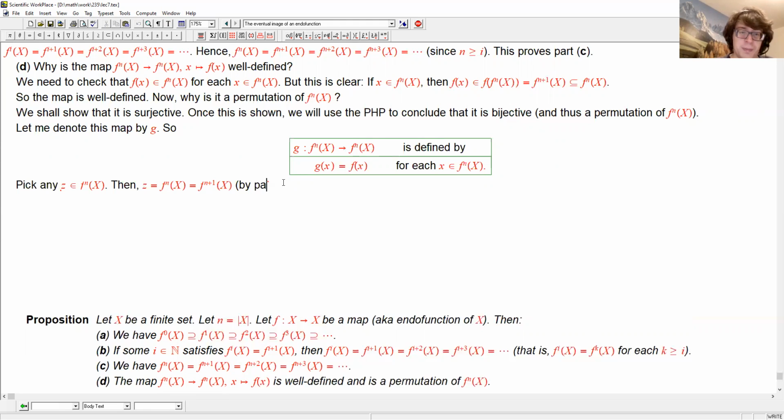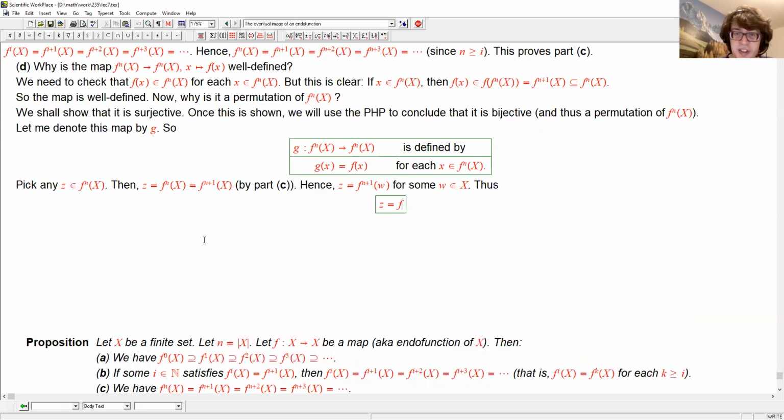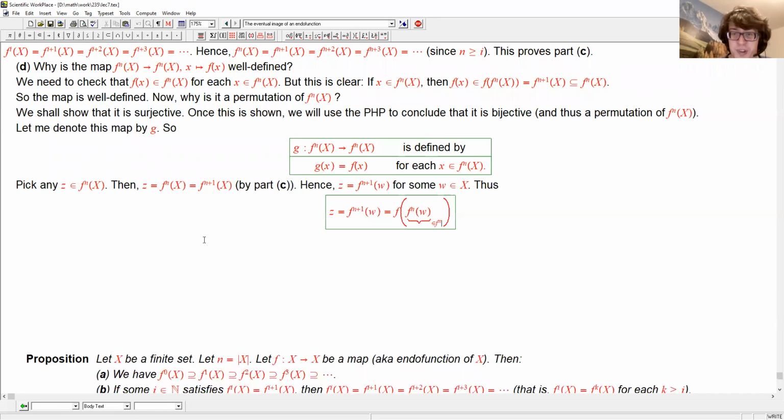So by part C, z equals f^(n+1)(w) for some w in X. And thus z, which is f^(n+1)(w), is f(f^n(w)), but f^n(w) is of course in f^n(X).